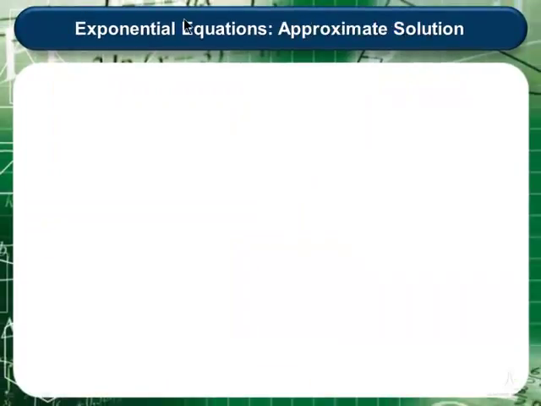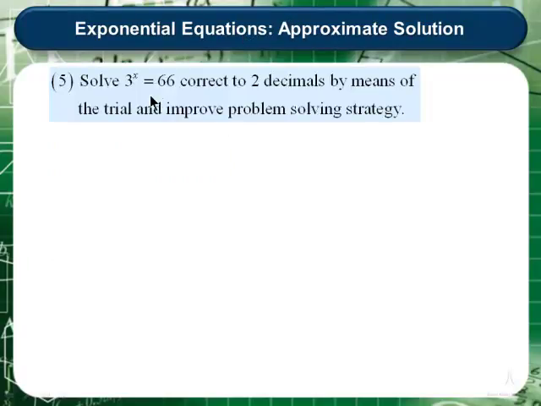In this exponential equation, we want to find an approximate solution. In other words, we cannot get an accurate solution. If you look at the example where you have 3 to the power x is 66, now 66 cannot be written exactly in terms of the base 3.